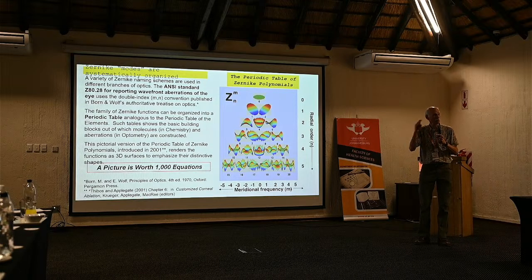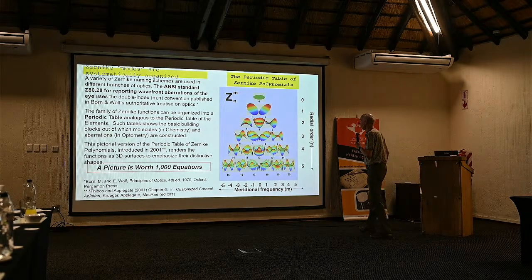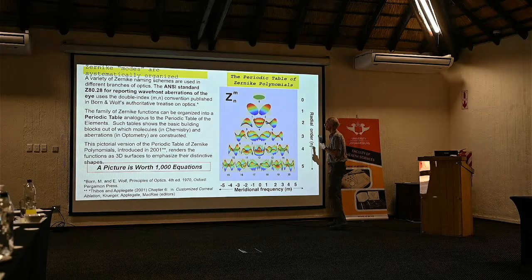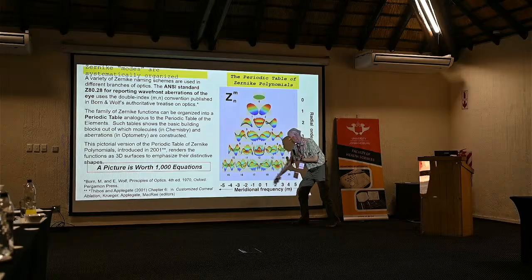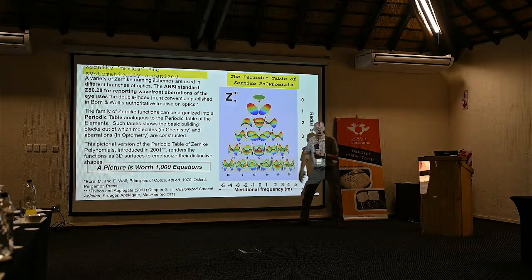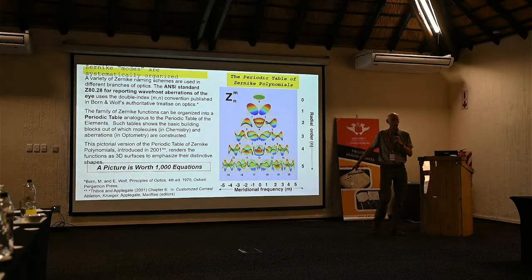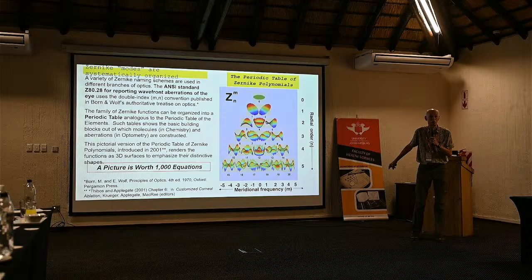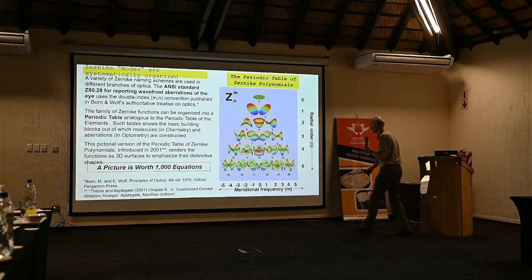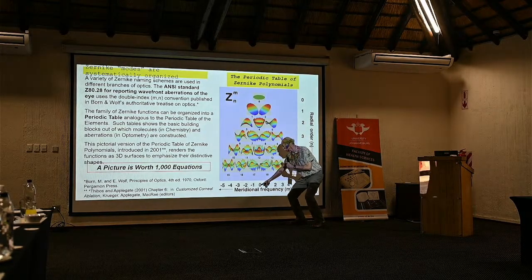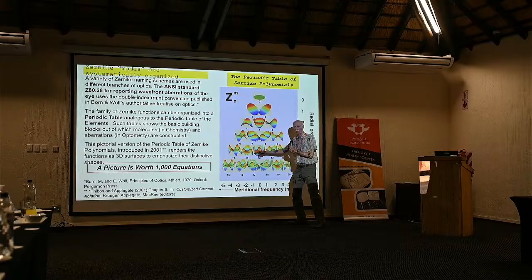So we put together this little table showing in a very systematic way how these Zernike polynomials are going to look. And they have basically two independent dimensions. One is the meridional frequency. That's the same kind of frequency we had with Fourier analysis. Zero cycles means this one has rotational symmetry.